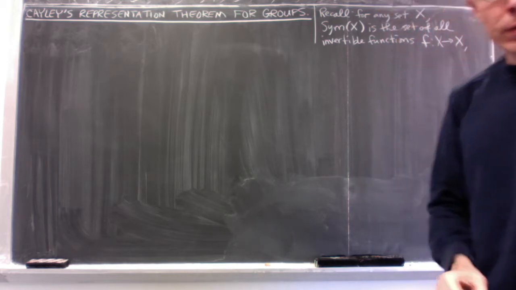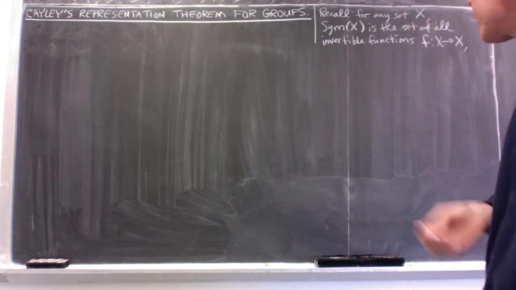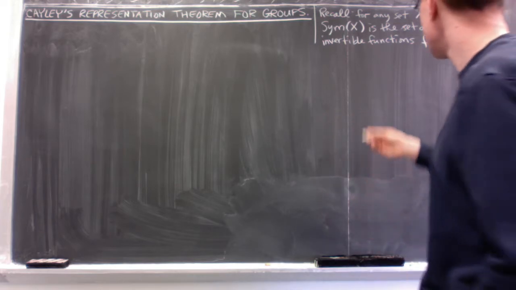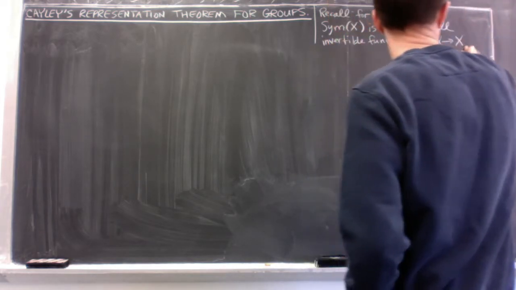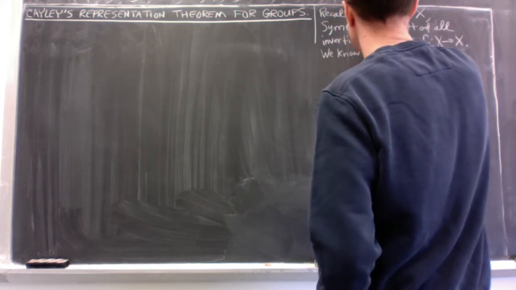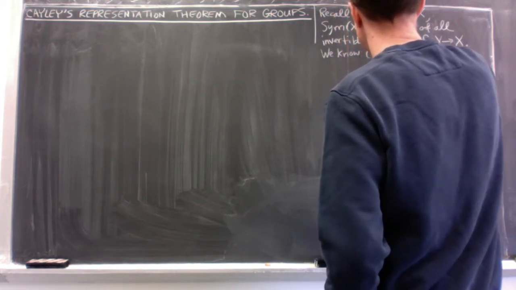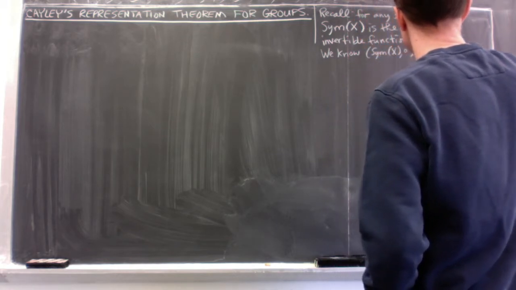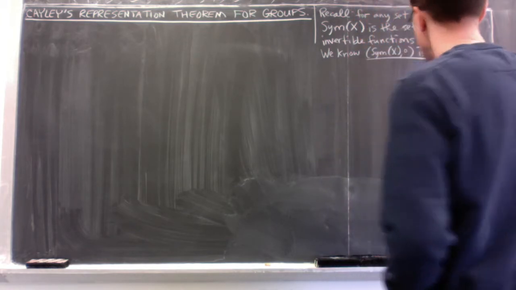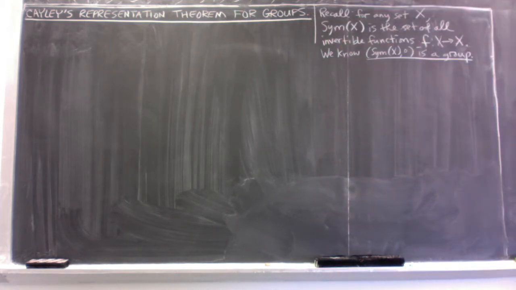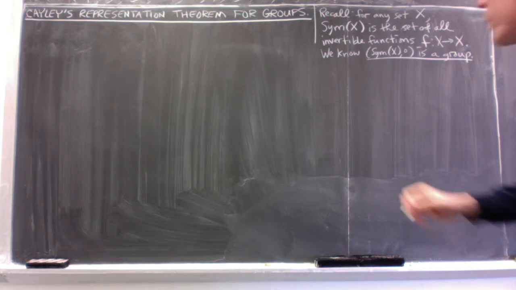And we've seen that this is the symmetric group on the set X, and that it is a group under the operation of function composition. I claimed when we did it that it was the most important group, and this theorem will sort of reveal why I said that.